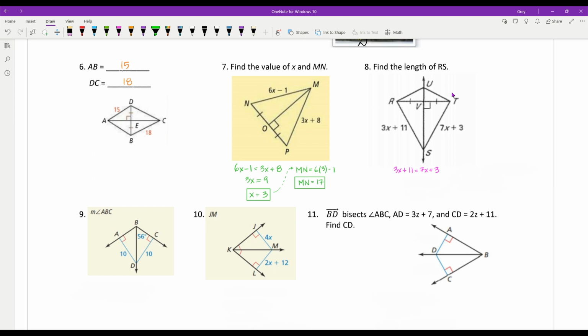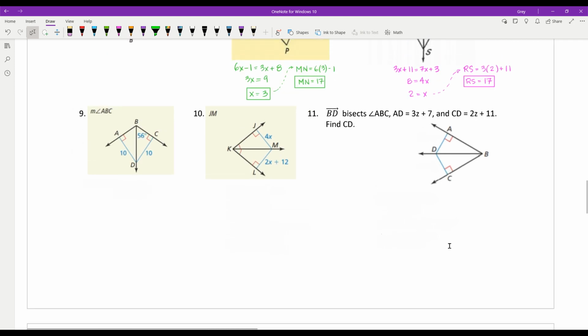I'm going to subtract 3x and subtract 3. So 8 is going to equal 4x. And then I'm going to divide by 4. So x equals 2. And then I'm going to plug that back into my expression for RS that says 3 times whatever x is plus 11. X is 2. So RS is 17.